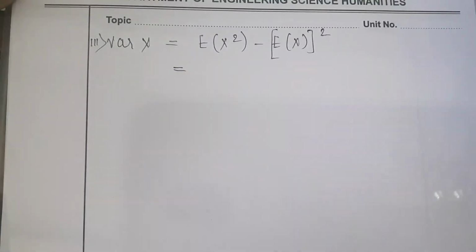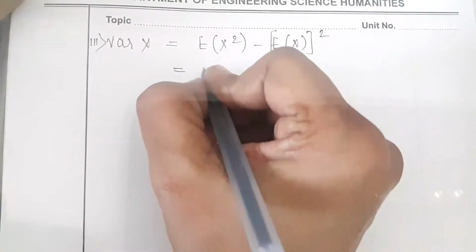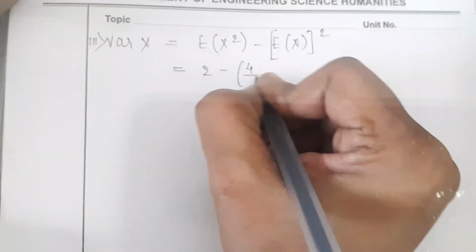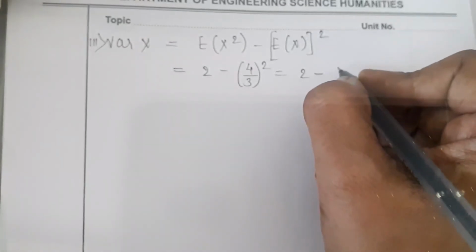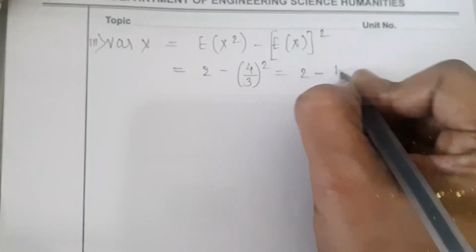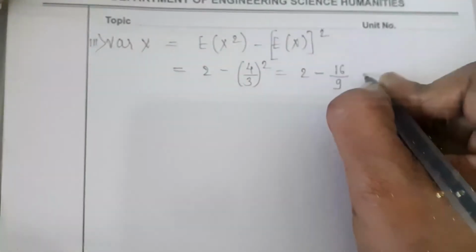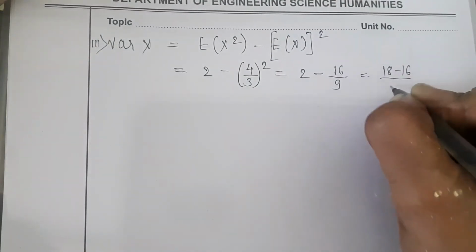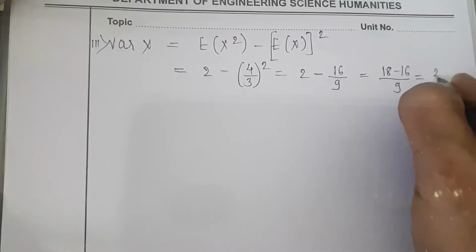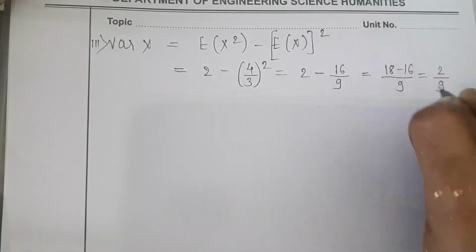Expectation of x square we obtained as 2 and expectation of x is 4 by 3. So it is 2 minus 4 by 3 whole square. So it is equal to 2 minus 16 by 9. So it is 18 minus 16 divided by 9, which is equal to 2 divided by 9.